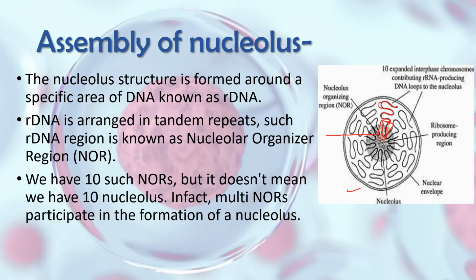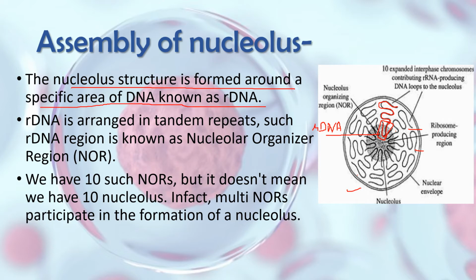We have 10 such chromosomes. This particular region is our DNA, which codes for the synthesis of ribosomal rRNA. So the nucleolus structure is formed around a specific area of DNA known as rDNA.